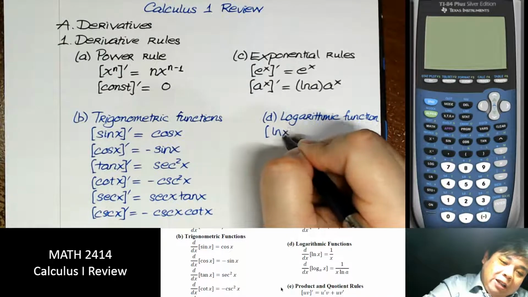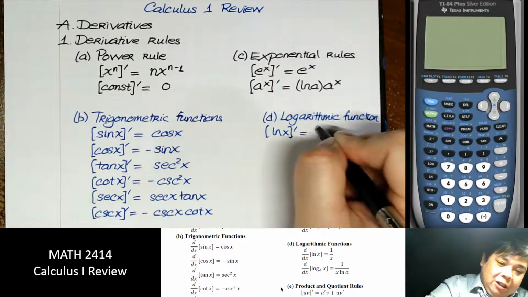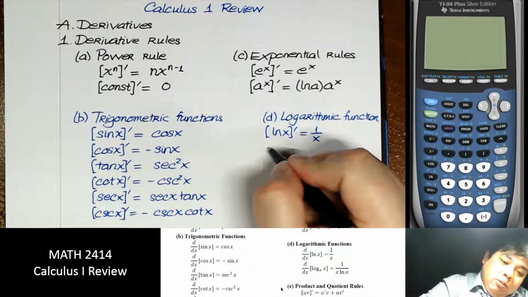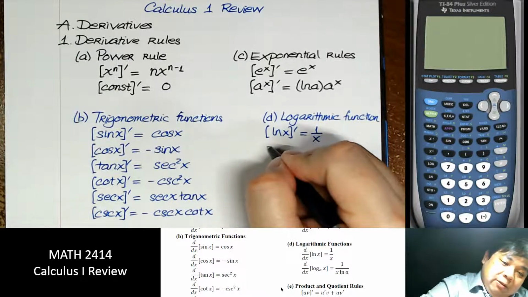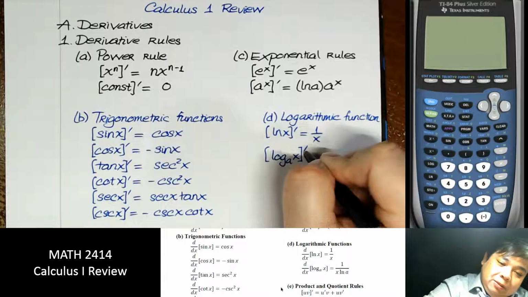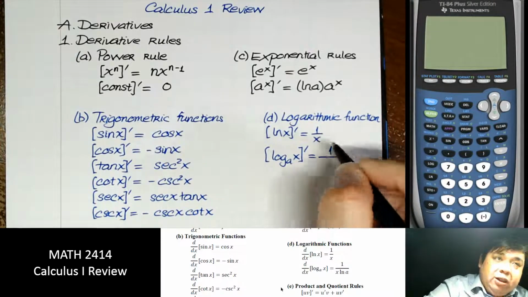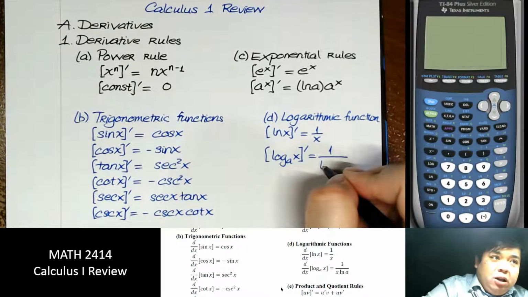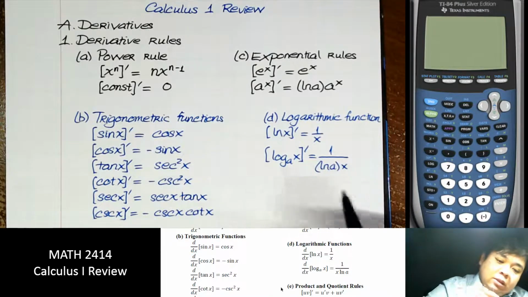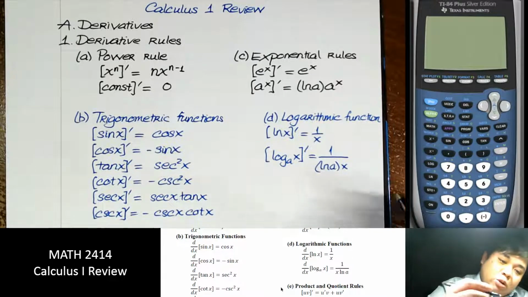The derivative of ln of x is 1 over x. The derivative of log base a of x is 1 over x, but we have to write the ln of a. And then of course the product rule and quotient rule.